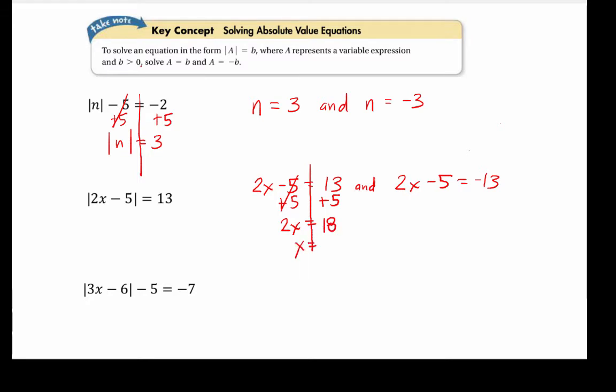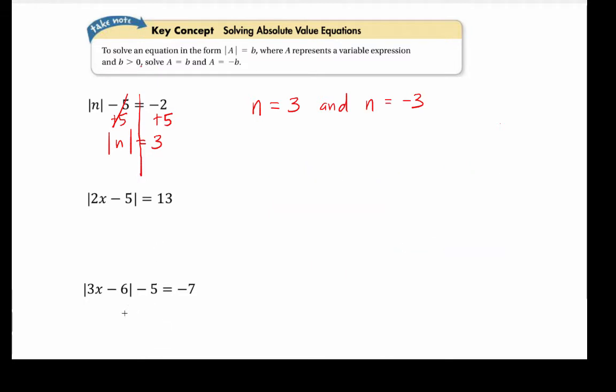Divide by 2, x is 9. Over here we're going to add 5 to both sides. 2x equals negative 13 plus 5, which is negative 8. Divide by 2, x is negative 4. So we have solutions of 9 and negative 4. Now we can combine this back into one solution statement, x equals 9 and negative 4.